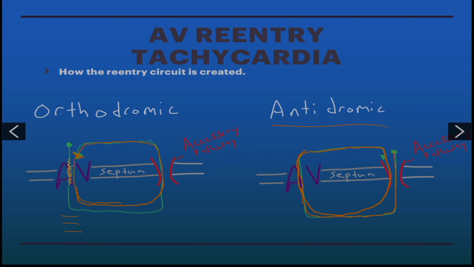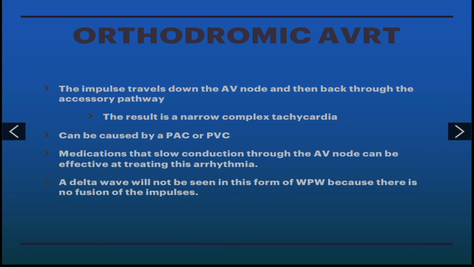In antidromic AV reentry tachycardia, you're going to have a wide QRS complex, and we'll get to that one in the next couple slides. Orthodromic AVRT, like we just talked about, is when the impulse travels down the AV node and then back through the accessory pathway that gives rise to a narrow complex tachycardia.